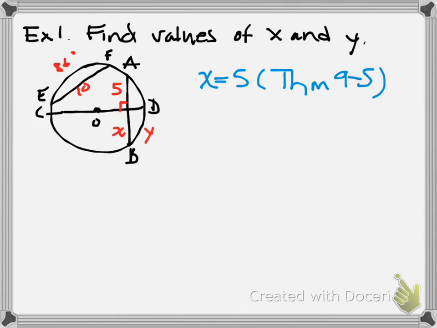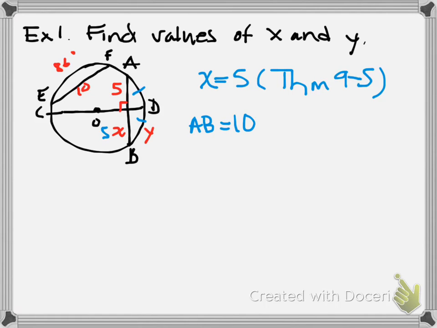Okay, the next piece we have to dig a little deeper. Not only does it bisect the chord, it bisects the arc. So then we look at, if this x is 5, what's the length of AB?